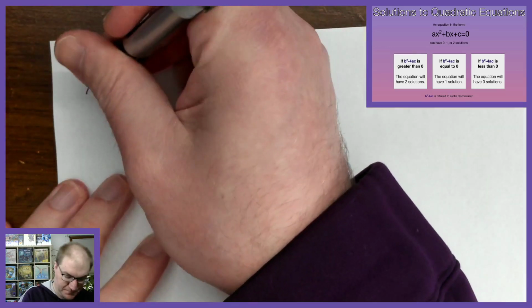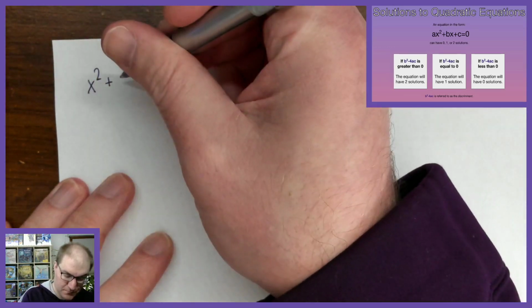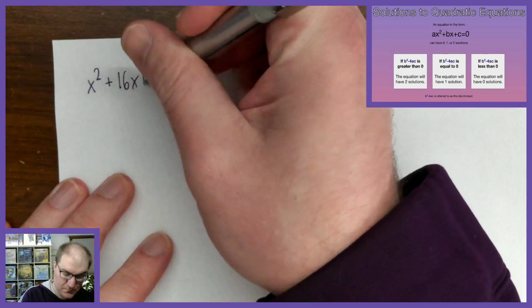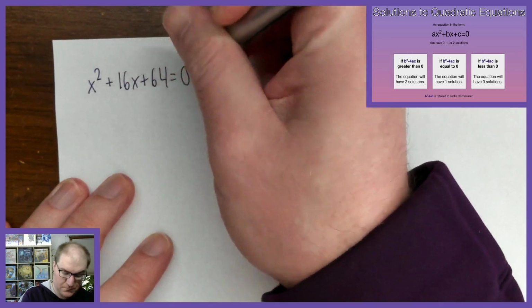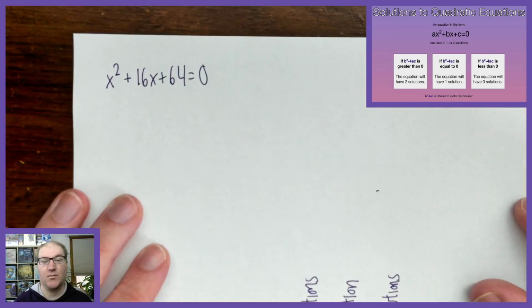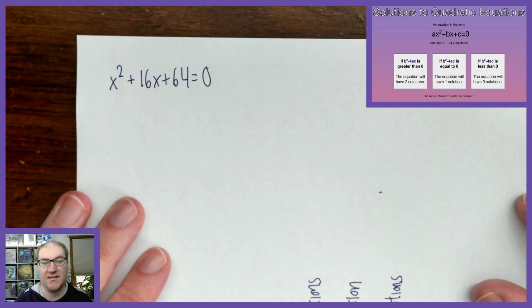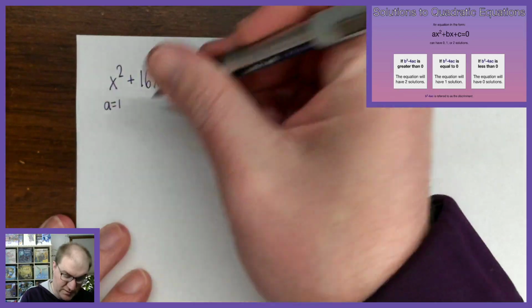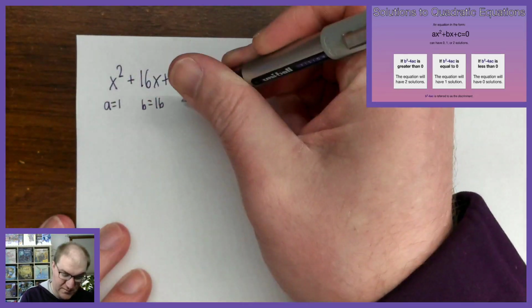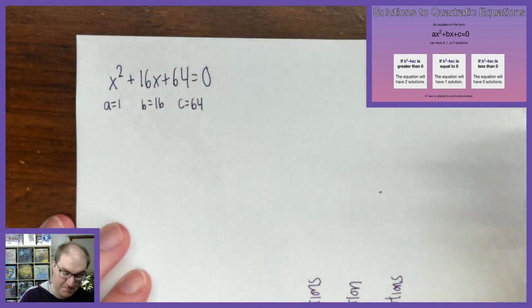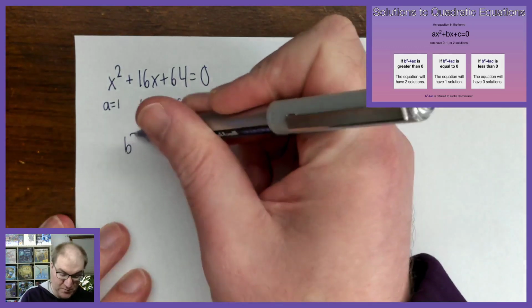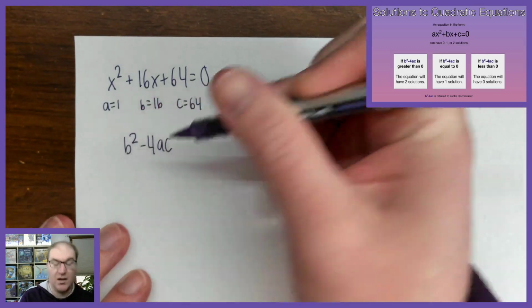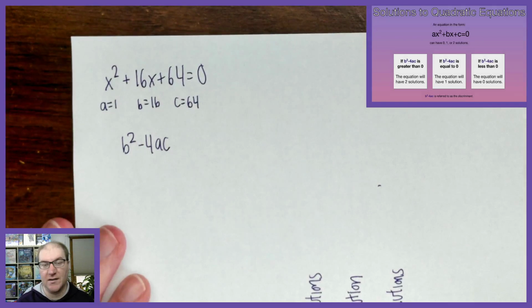So let's do another example here. We have x squared plus 16x plus 64 equals 0. So a is 1 again, b is 16, and c is 64. Let's use the expression b squared minus 4ac.